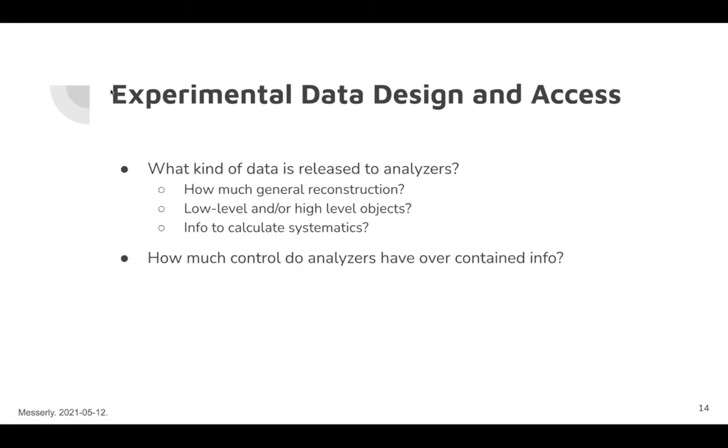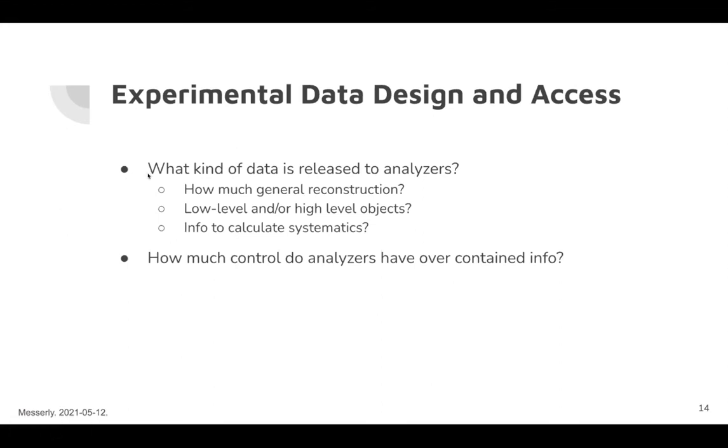This is sort of a bigger question, taking a step back about how experiments design their data and provide access to users. I'm on the Mu2e experiment now, and we are just getting our analysis infrastructure online. And this is a question that I'm asking on this experiment, and I'm hoping to have some sway.